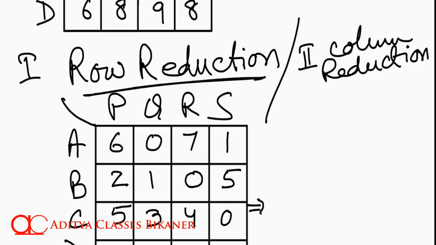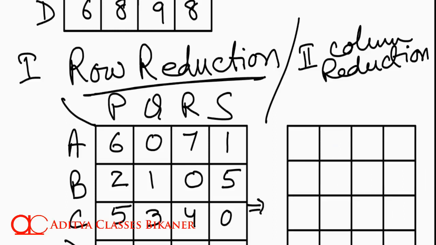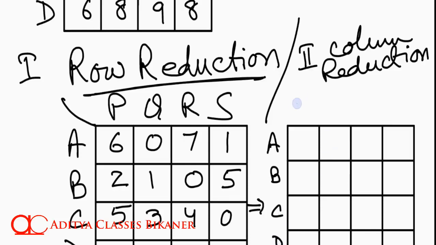So let us go ahead and create a new matrix. We have a 4 by 4 matrix, and then we have our, let's say, workers A, B, C, D. We have our jobs P, Q, R, S. Now, what is the minimum in the first column? 0 is the minimum.